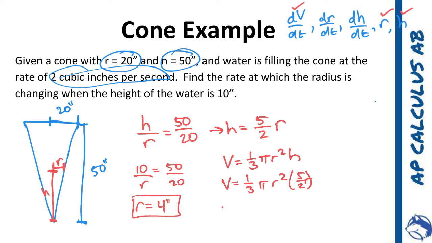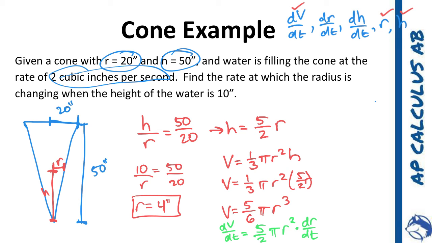So if I simplify this, I'm going to get volume is equal to 5/6 pi r cubed. So now when I calculate my dV/dt, I'm going to end up getting 5/2 pi r squared times dr/dt. And that's going to be way more manageable for us because now we only have one variable where we don't know what's happening.